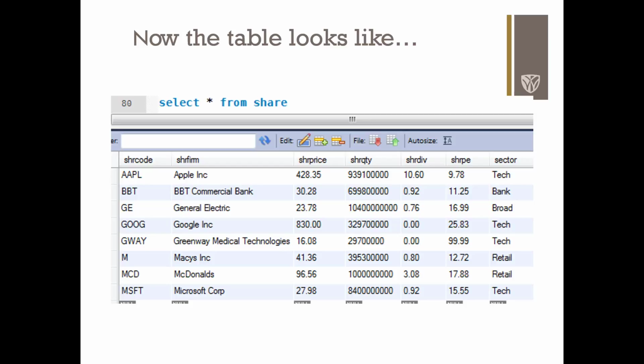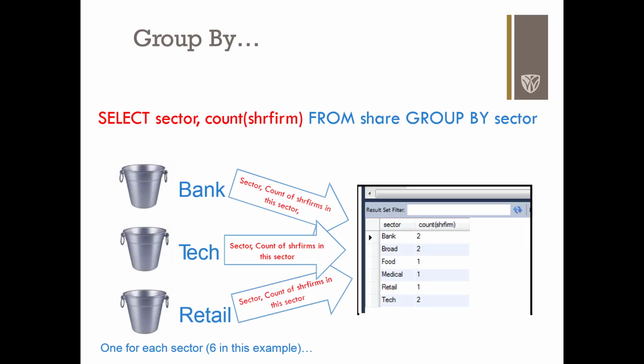What this allows us to do is calculations and computations, count and aggregate on the entire table, or using the group by command, we can look at just subgroups. So in this case, we've got the command: select sector, count share firm from share group by sector.